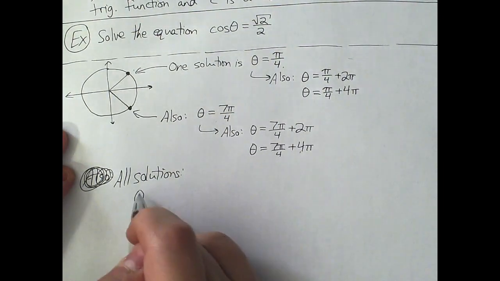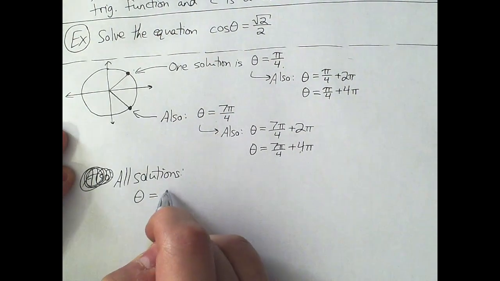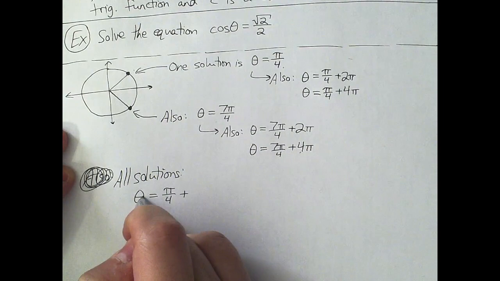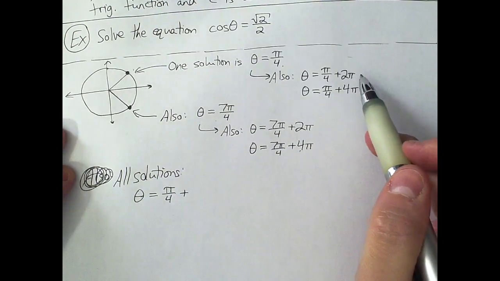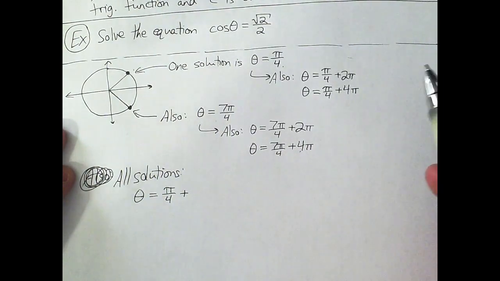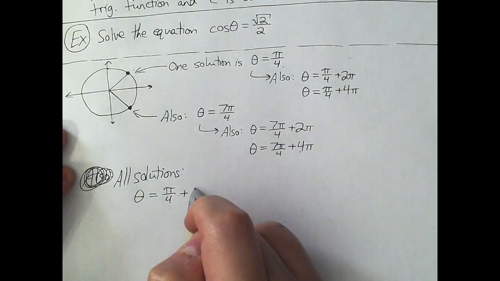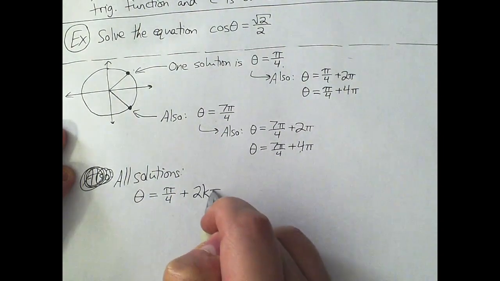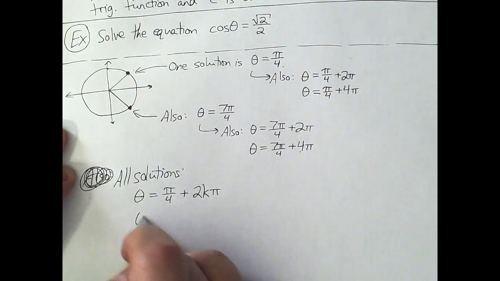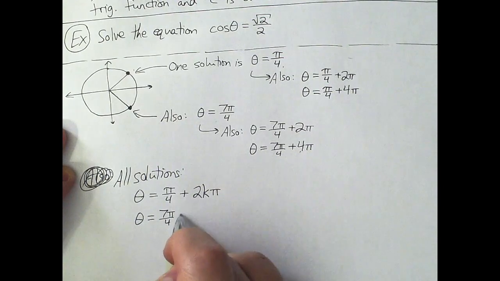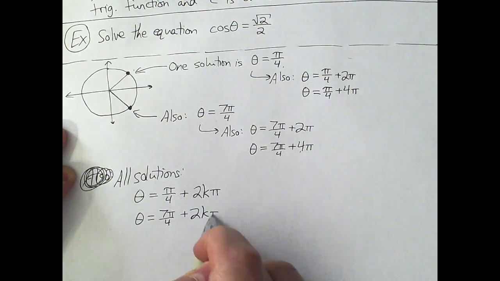So what we write is theta equals pi over 4 plus, I want to say any integer multiple of 2 pi. And the way that we do that is we say 2k pi. We also say this one plus 2k pi.